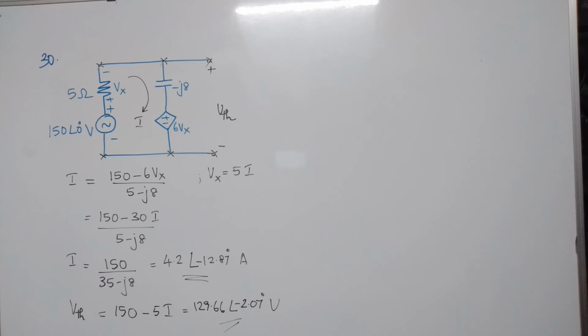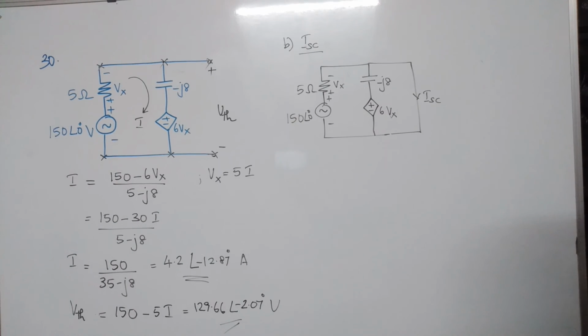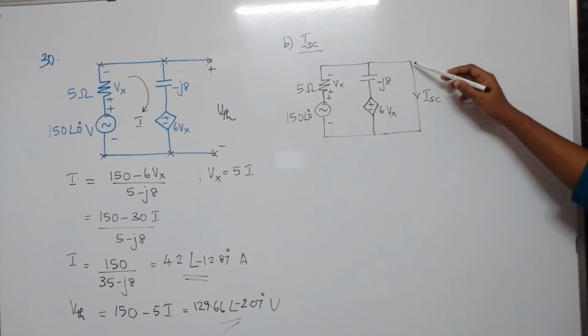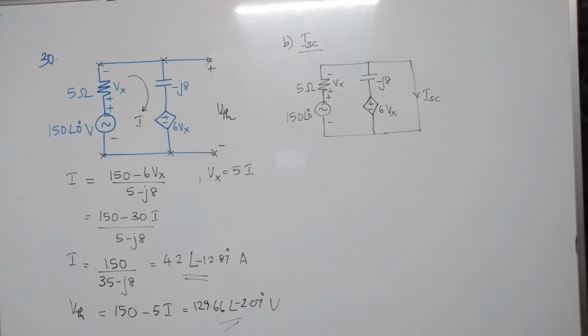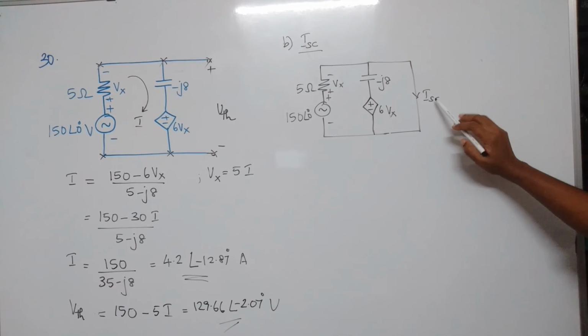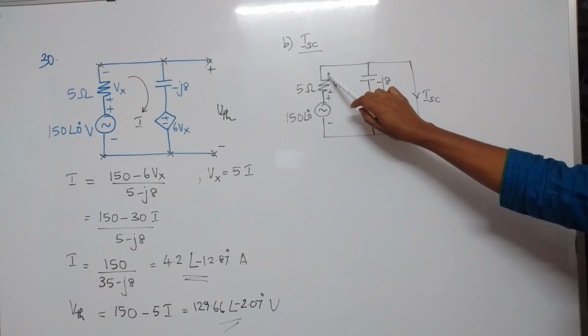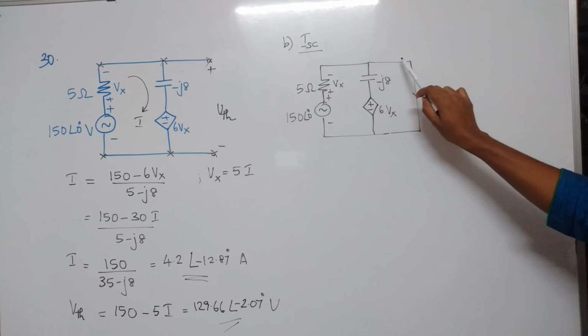Now the next step is we need to find out ISC. For that we need to short circuit the terminal. So we have short circuited the output terminal and we need to find out ISC. ISC will be current flowing through this branch plus current flowing through this branch.